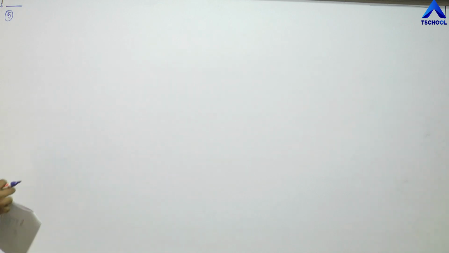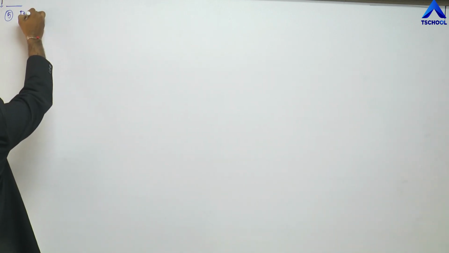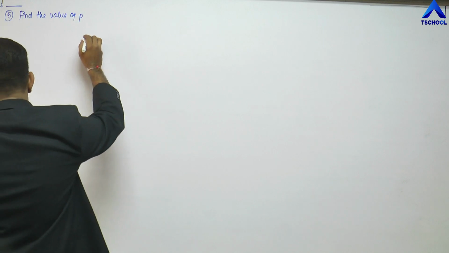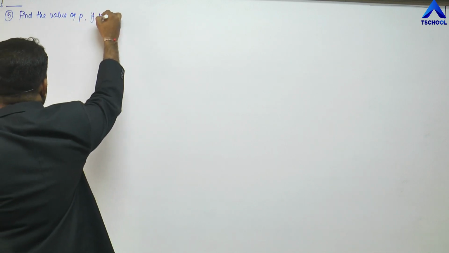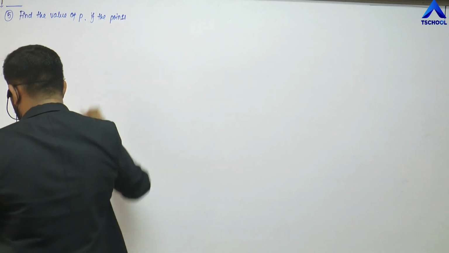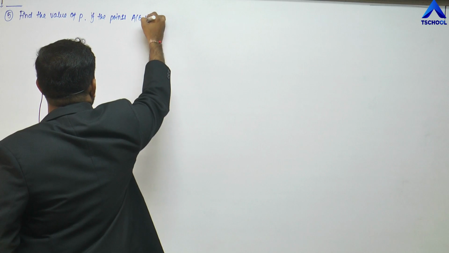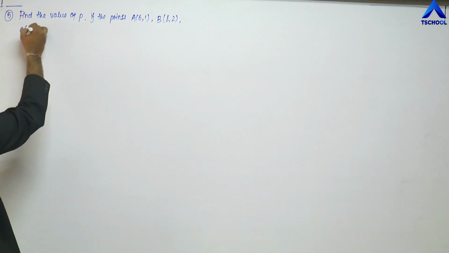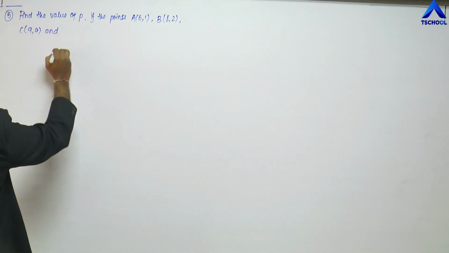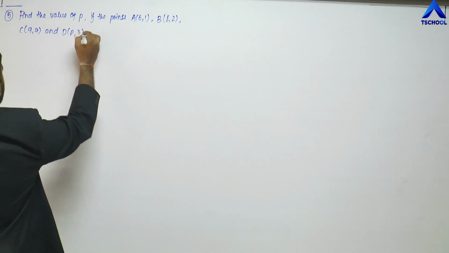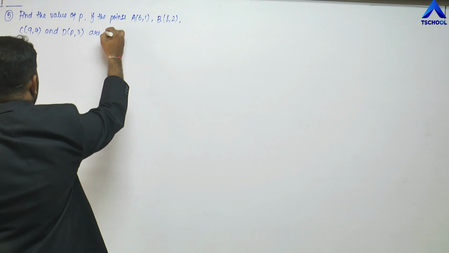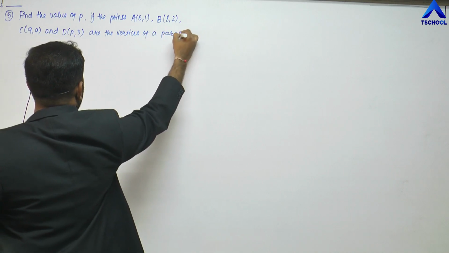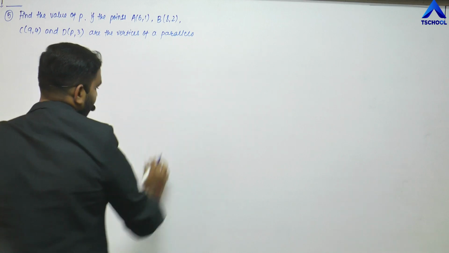Find the value of P if the points A(6,1), B(8,2), C(9,4) and D(P,3) are the vertices of a parallelogram.